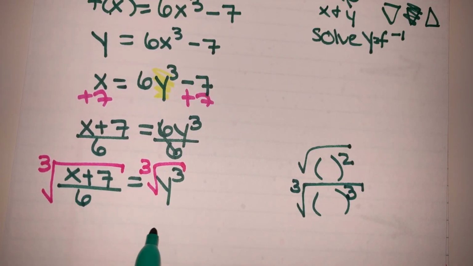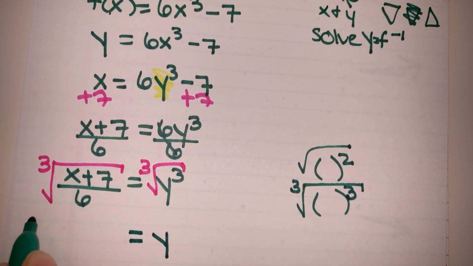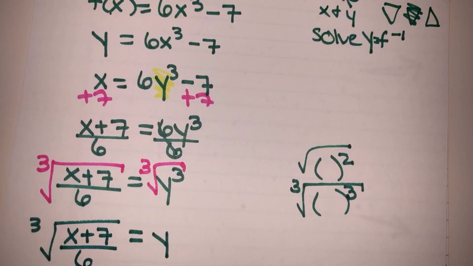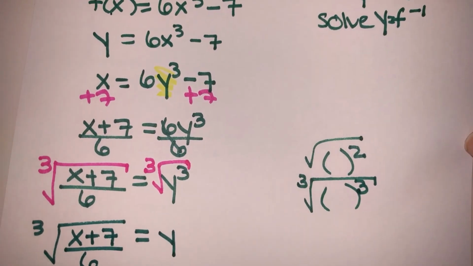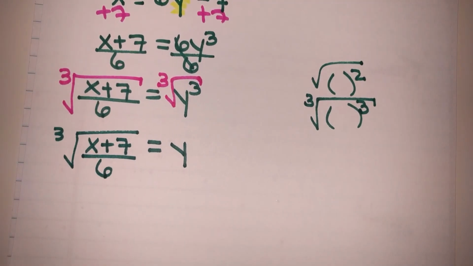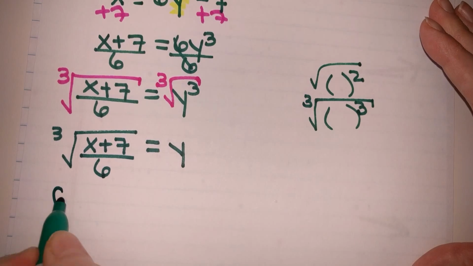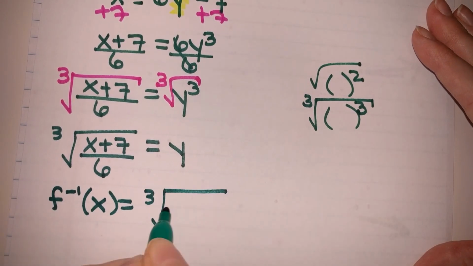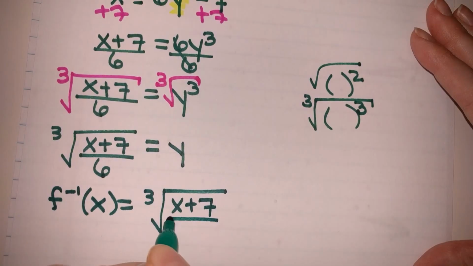So this is just going to become y is equal to the cube root of x plus 7 over 6. Now, because there isn't a plus or minus, this is a function. It's a well-defined function, and we will say that f inverse of x is equal to the cube root of x plus 7 over 6.